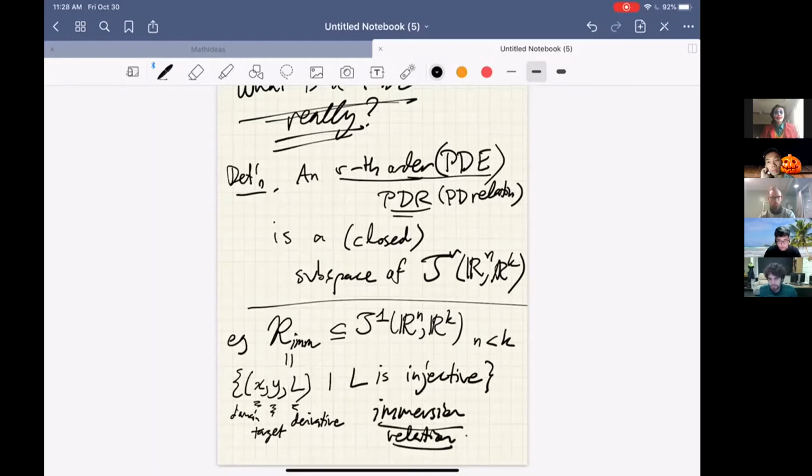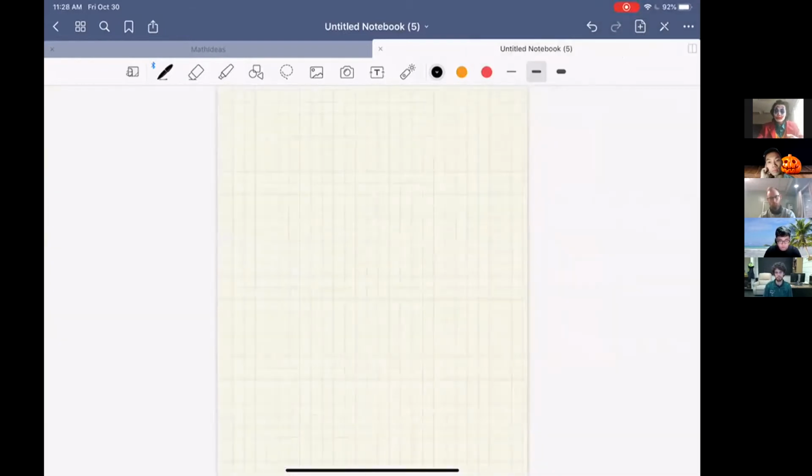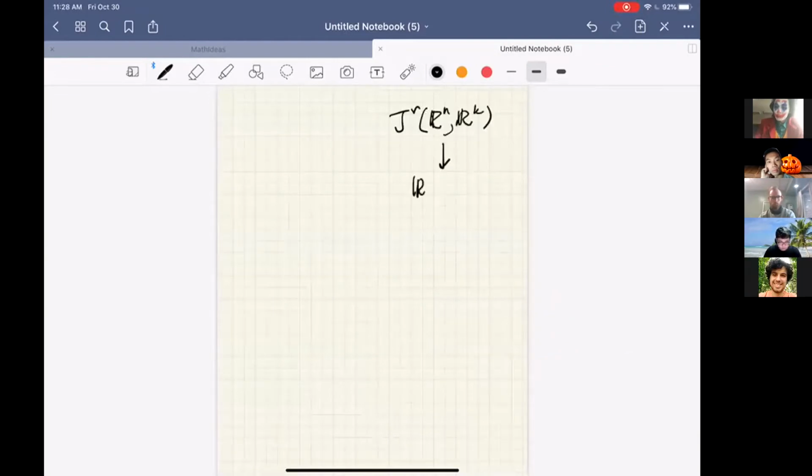So why am I setting things up like this? Let's say you have some jet bundle, and let's say you have a section down here, call it S. Then there's a natural way of obtaining a section on top.